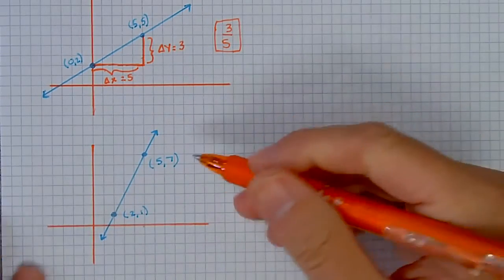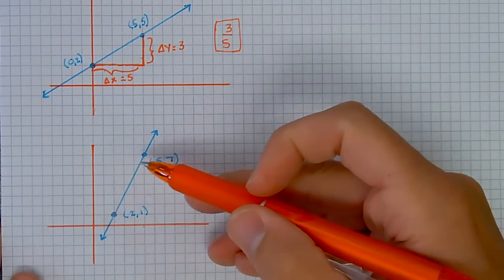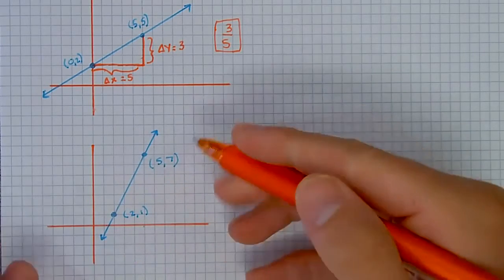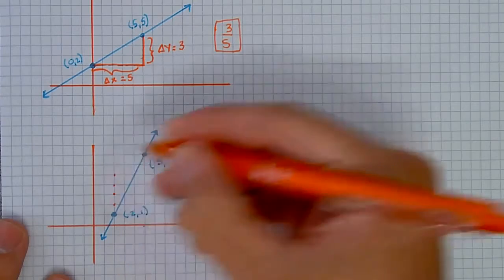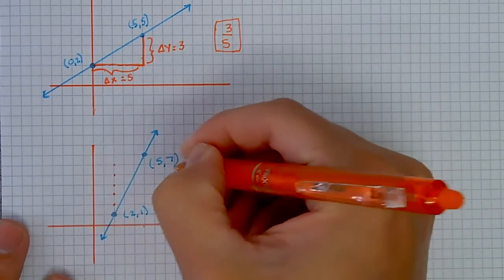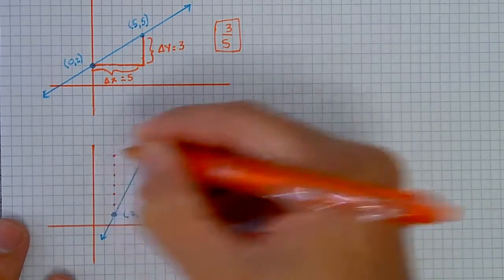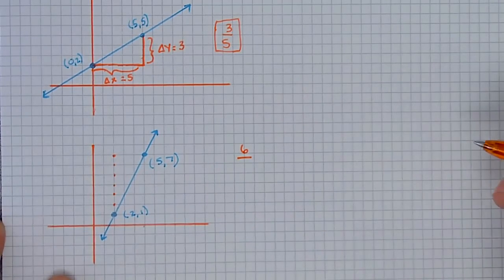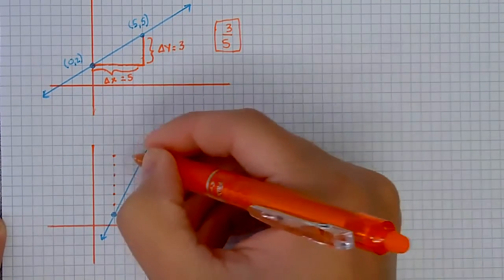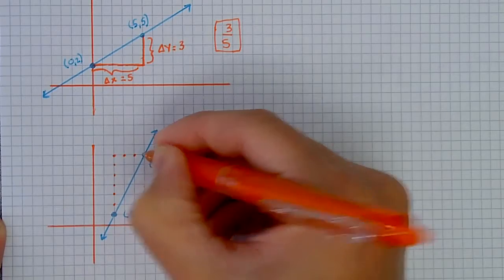So easiest way to do it is how much are you rising from one point to the next and then running over. So here we rise 1, 2, 3, 4, 5, 6. And then we run 1, 2, 3.